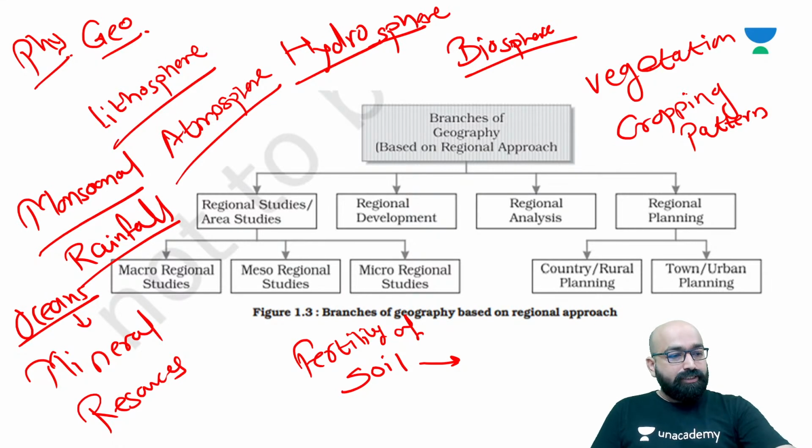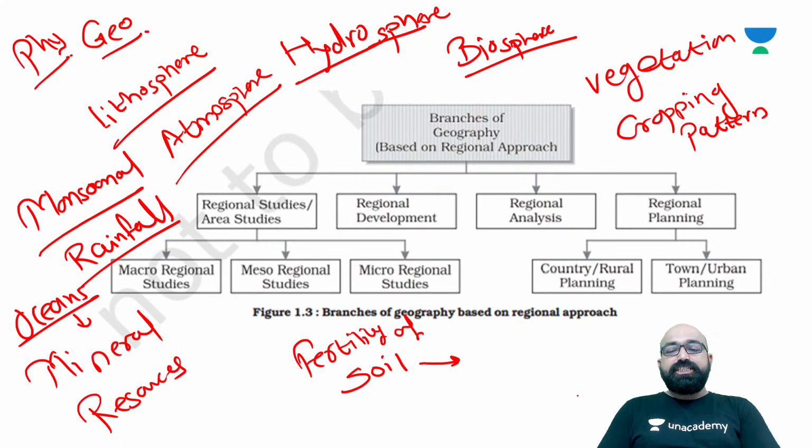So, the study of physical geography is emerging as a discipline of evaluating and managing natural resources. In order to achieve this objective, it is essential to understand the intricate relationship between the physical environment and human beings.